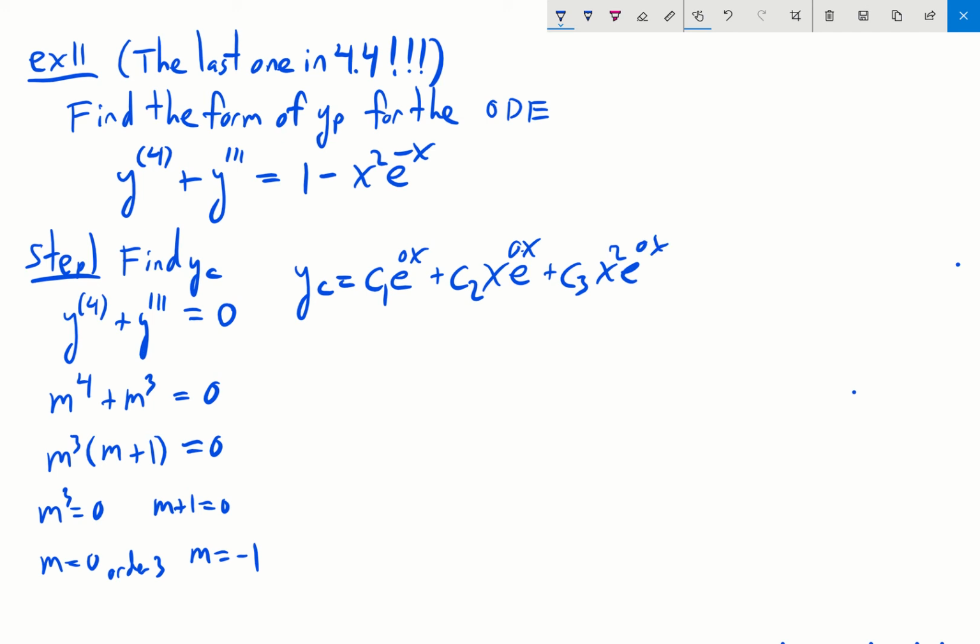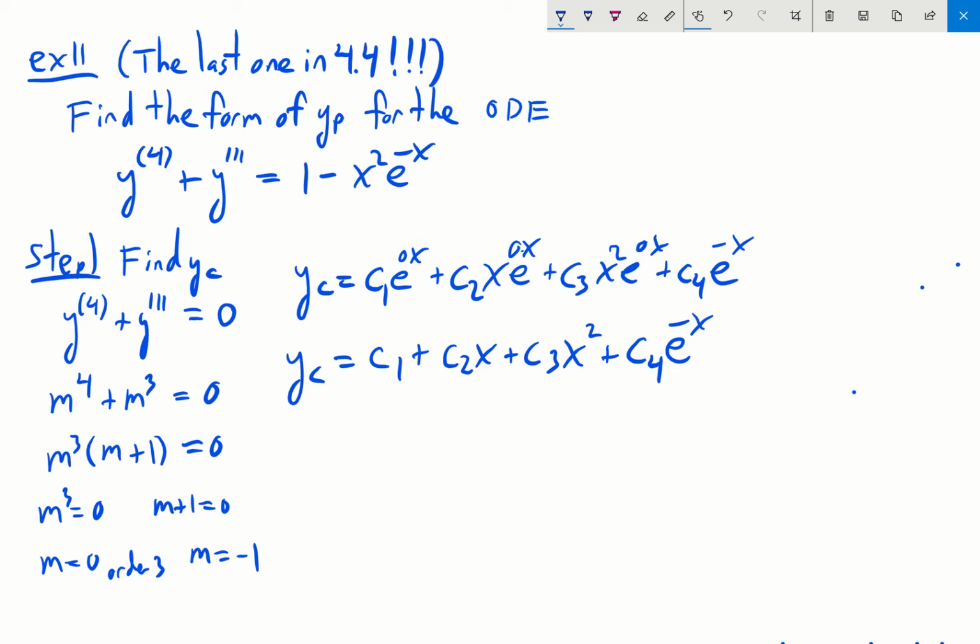So you kind of see explicitly the m in the exponent of the e, and then plus c4 e to the negative x. E to the 0 power is still going to be 1, so it really looks like c1 plus c2x plus c3x squared, and then plus c4 e to the negative x.